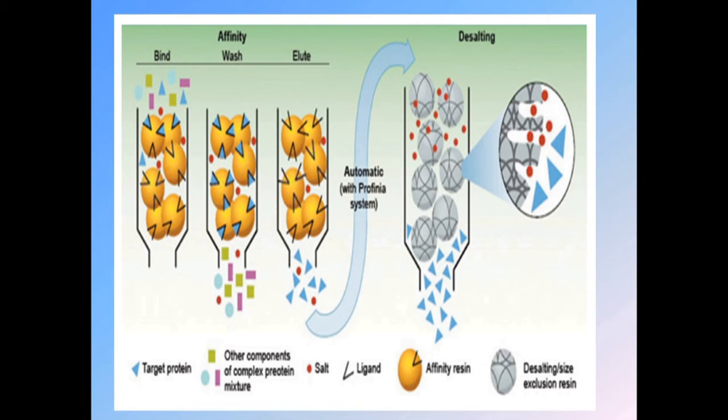This circle and rectangle indicate a complex protein mixture. This dark circle indicates salt. This sign indicates ligand. This sign, that is circle, and in between this sign indicates affinity region. This symbol is the desalting size exclusion region.